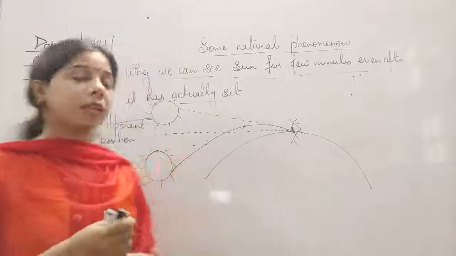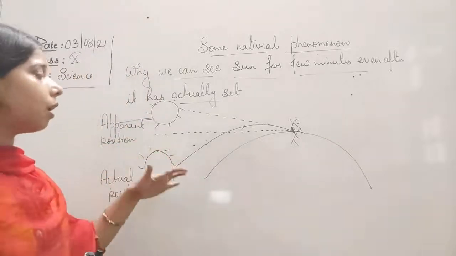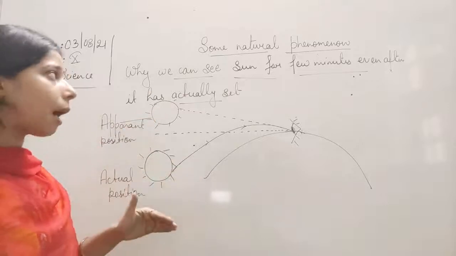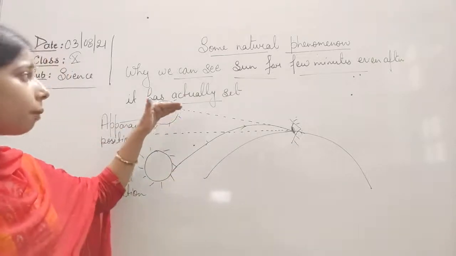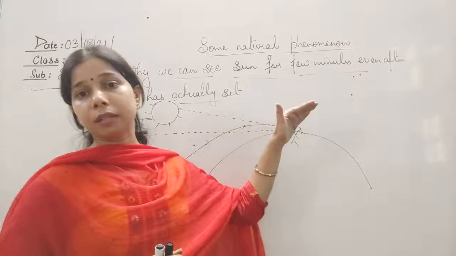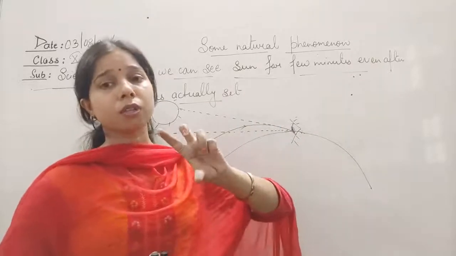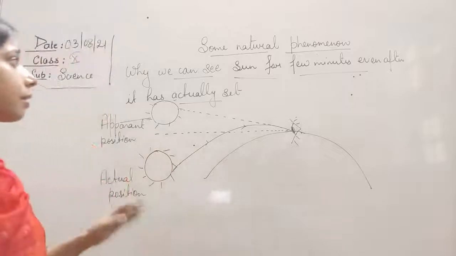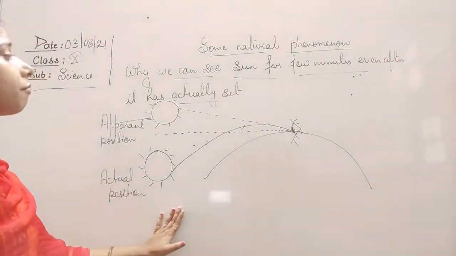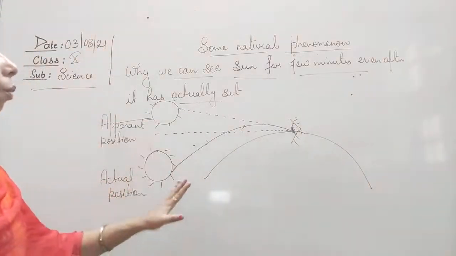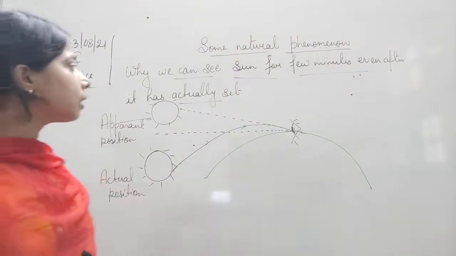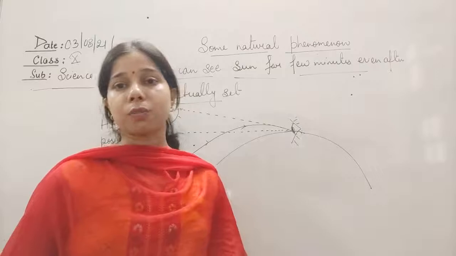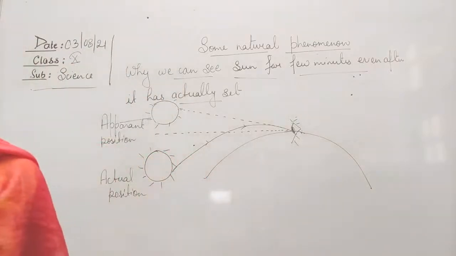It means the sunrise which appears to us is 2 minutes before, and even for the sunset, which actually happened but it seems that the sun is above the horizon, it is 2 minutes. So this is the second application in which we can see the sun for few minutes even after it has actually set. And the cause is the atmospheric refraction only, students.